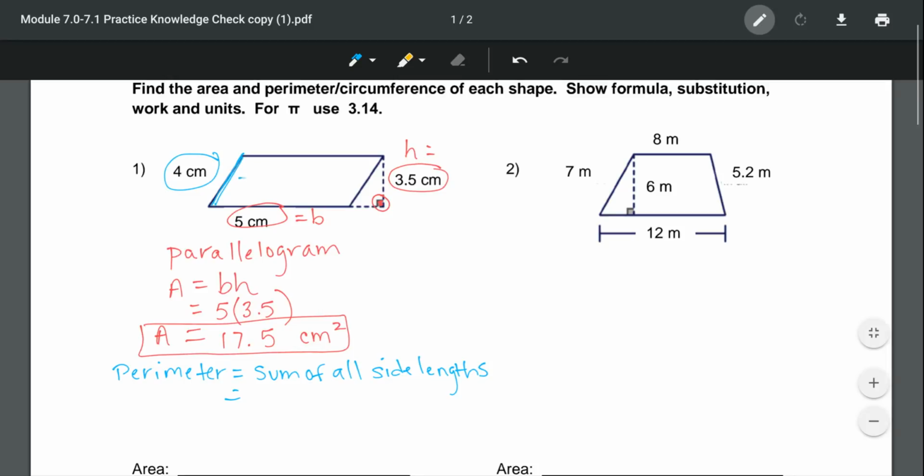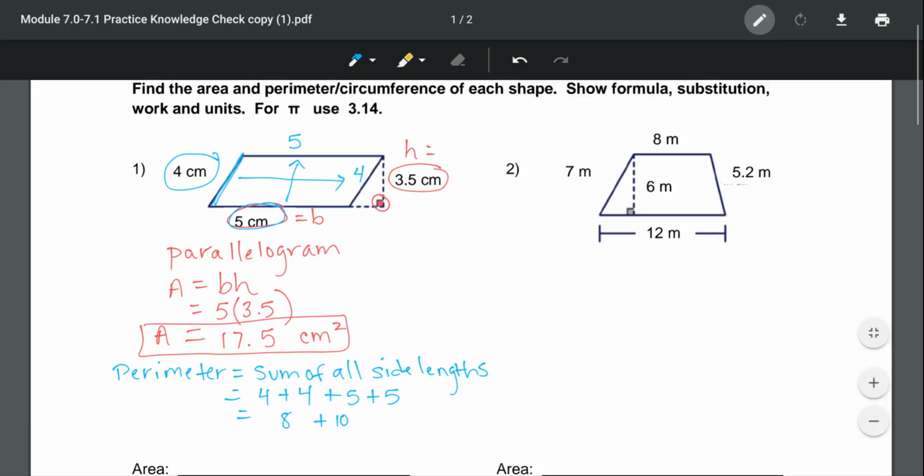In a parallelogram, opposite sides are the same, so the right side would also be 4 centimeters. If the base is 5 centimeters, this top length would also be 5 centimeters because that's also considered a base. So you can just add up all the sides, 4 plus 4 plus 5 plus 5.